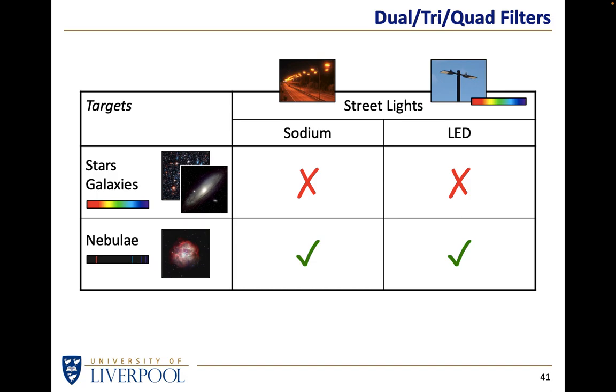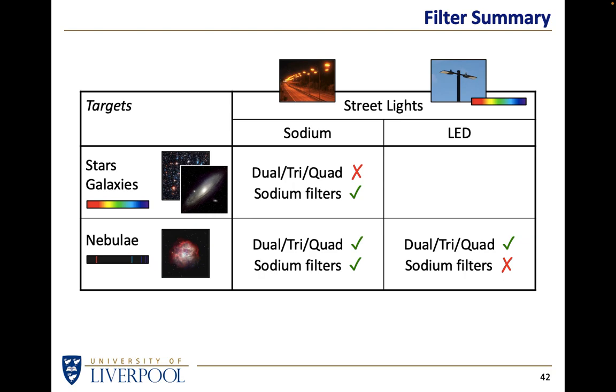So the bottom line is, if you've got sodium streetlights, you'll be able to find yourself a filter that works nicely. If you're interested in nebulae, you'll be able to find yourself a filter that works nicely. But this top right box, if the object you want to image emits across the entire spectrum, and your streetlights are emitting across the entire spectrum, there is nothing you can do about that with filters, because there is essentially no difference between the galaxy you're trying to image and the LED streetlight that's interfering with your ability to image.